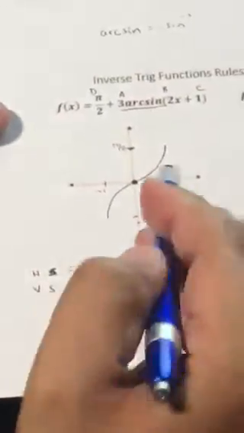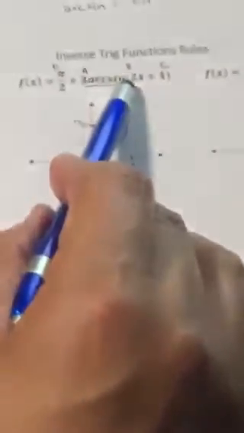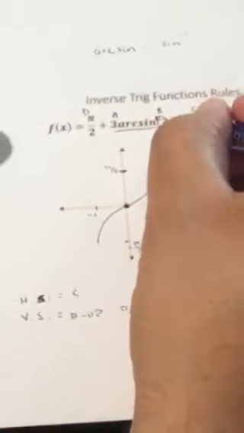Now let me deal with the horizontal shift. The horizontal shift comes from the C value, but you don't just put a 1. Remember, if this is in the parentheses, I need to take out the B value. If I take this B value out, since I'm also taking a 2 out of here, my C value is actually 1 divided by 2.